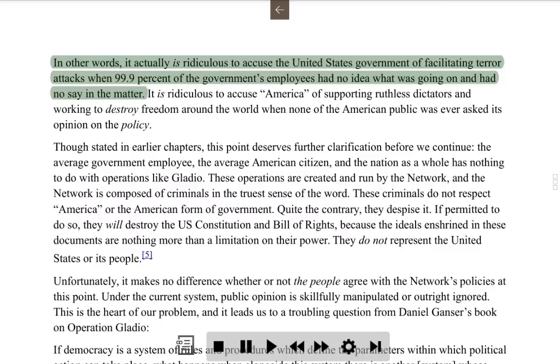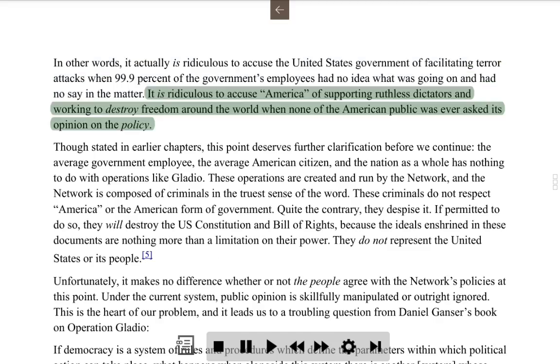In other words, it actually is ridiculous to accuse the United States government of facilitating terror attacks when 99.9% of the government's employees had no idea what was going on and had no say in the matter. It is ridiculous to accuse America of supporting ruthless dictators and working to destroy freedom around the world when none of the American public was ever asked its opinion on the policy.